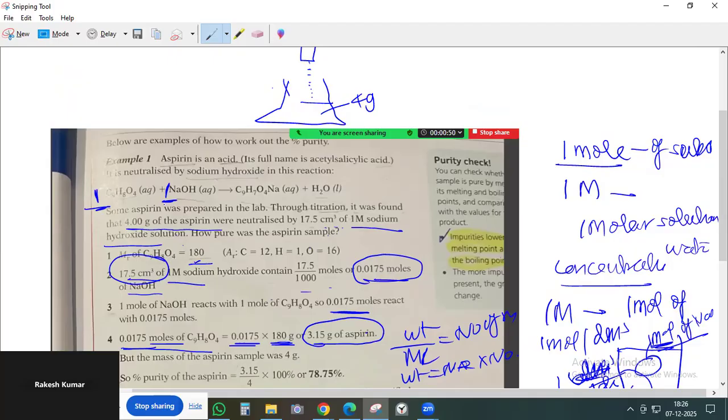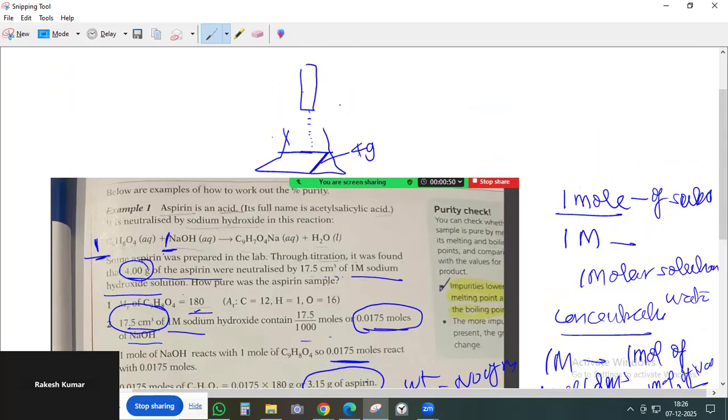But he had said he had taken 4 grams. So essentially what happened was he had taken 4 grams, but when he calculated from the NaOH, the 0.175 moles neutralized 0.175 moles of aspirin, and that corresponds to 3.15 grams, and actually it took 4.